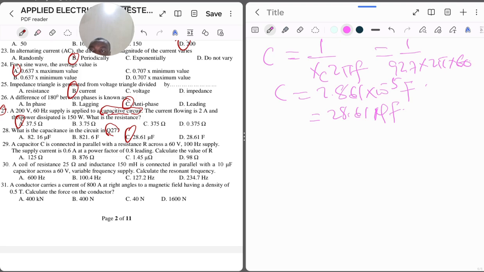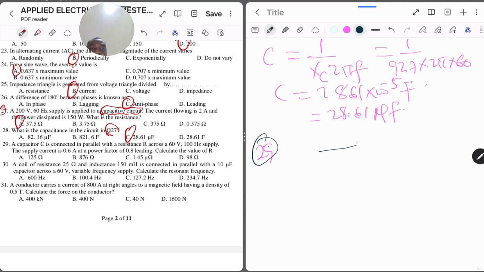Here, again, we pick this question and we analyze it. So we have question 29, step by step. Here, you have a capacitor. It's in parallel with a resistor.